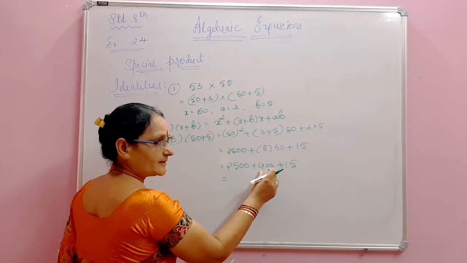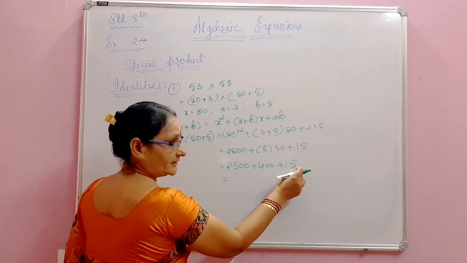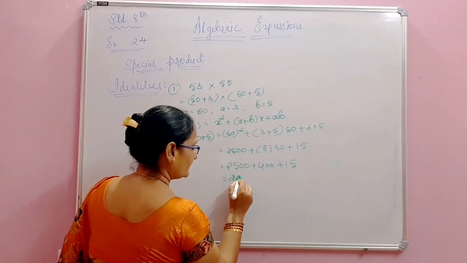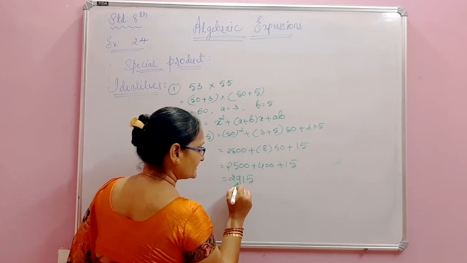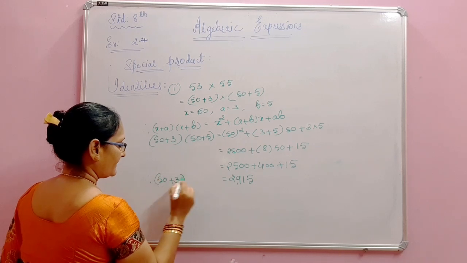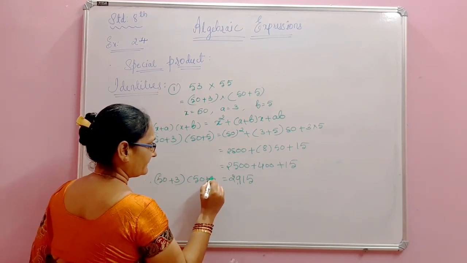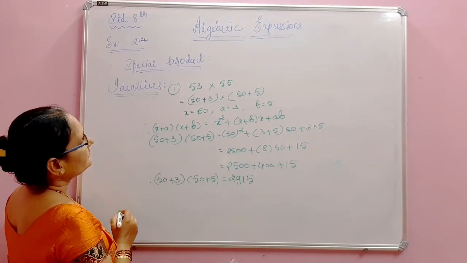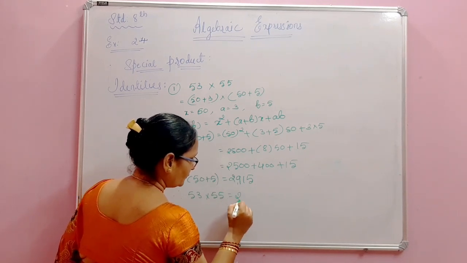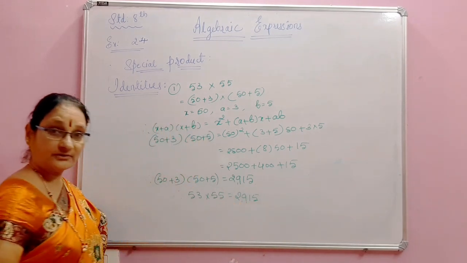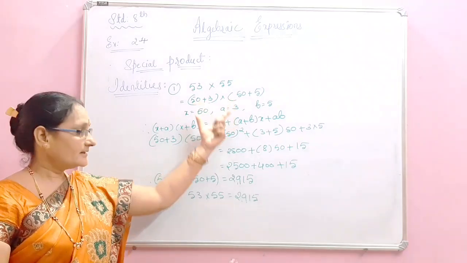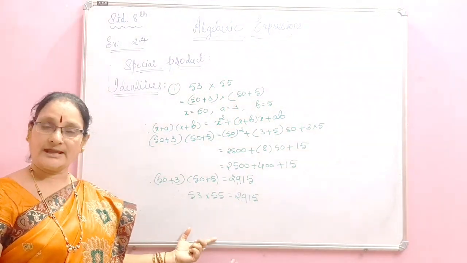See, 2500 plus 400, 2900 plus 15, 2915. 2915 is the answer. Therefore, (50 + 3)(50 + 5) is equal to 2915. Therefore, 53 into 55 is equal to 2915. This is finding the product of two numbers like this using the identity (x + a)(x + b).